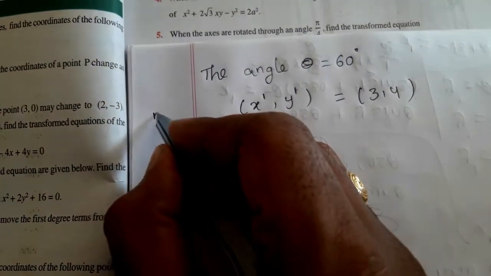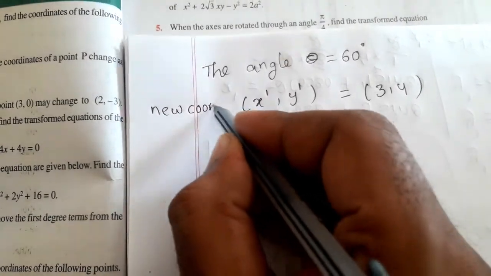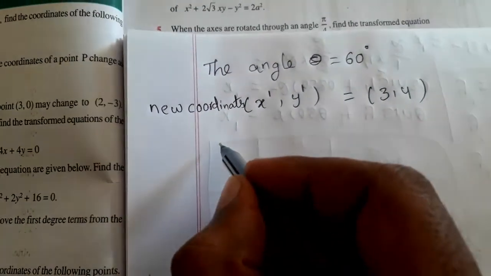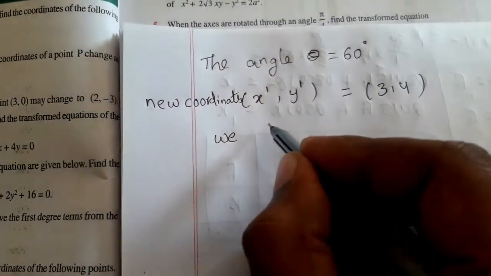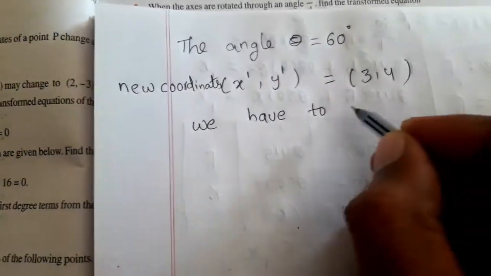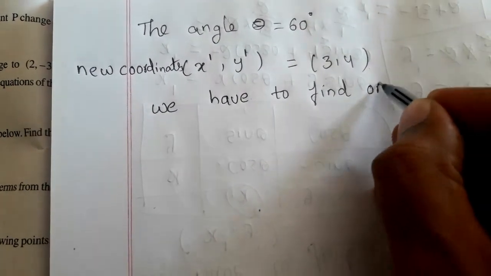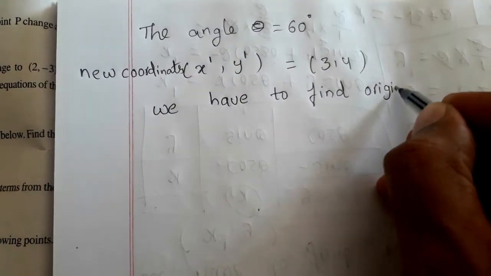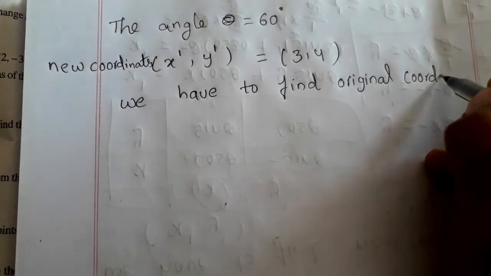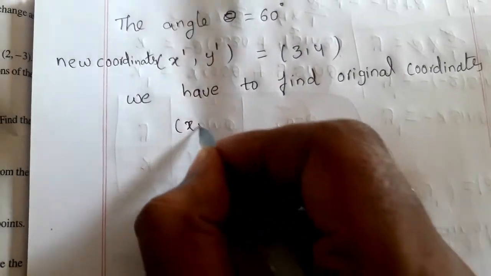So you write here new coordinates. Okay, we have to find original coordinates, that is x comma y.